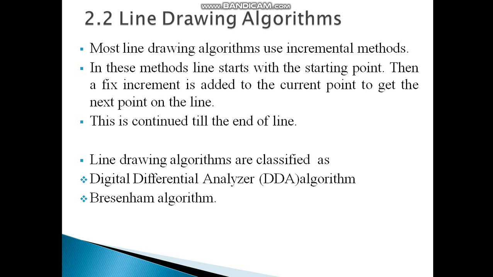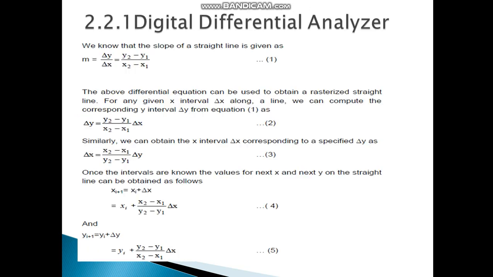The line drawing algorithms are classified into two algorithms. First of all, the digital differential analyzer algorithm, and second one is the Bresenham's algorithm. You have to remember that DDA is a scan conversion method which is used for drawing a line segment onto the screen, and it follows an incremental approach.